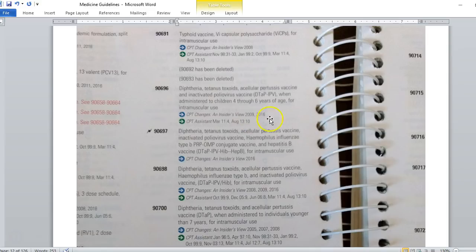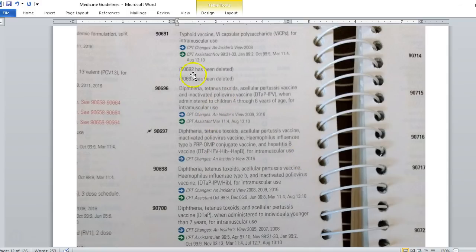But then we have this one, which is diphtheria, tetanus toxoids, acellular pertussis vaccine, and inactivated poliovirus, which is known as DTaP-IPV. And again, this is for children 4 through 6 years of age for intramuscular use, versus this one, FDA approval pending, which includes diphtheria, tetanus, acellular pertussis, inactivated polio, hemophilus influenza type B, and hepatitis B for intramuscular use.